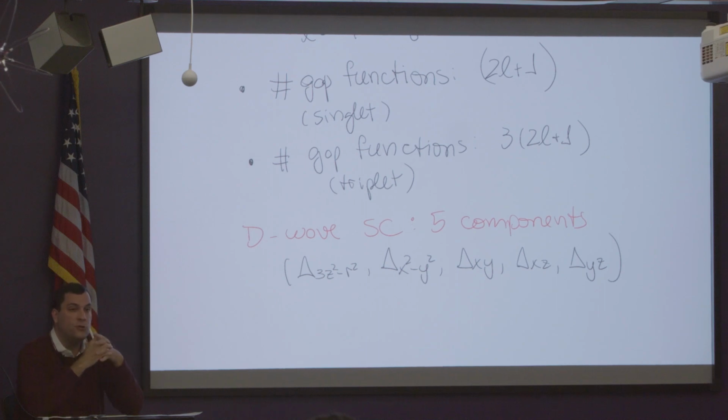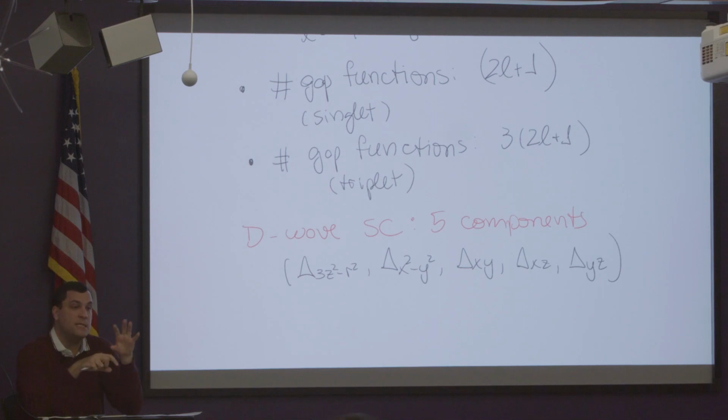Question to you, have you heard of any D-wave superconductor? Cuprates. How many gaps do people use to describe the cuprates? 5? But there the symmetry group is also not full rotational symmetry. Yeah, that's exactly where I want to go. It's just one. Why? Most of the times we don't need to worry about the multi-component nature. It's because of the spherical cow. Meaning, in reality, things happen in a crystal.